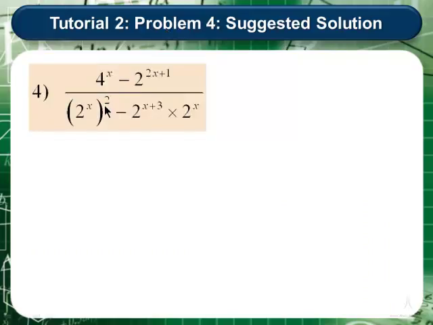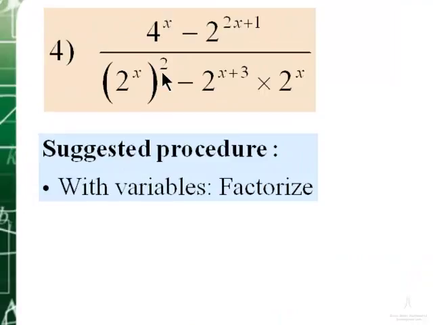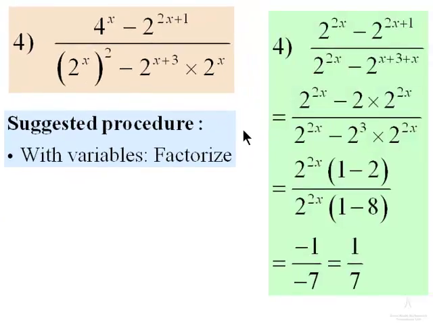A possible solution to problem 4 is discussed in this particular slide. Remember, here we have a polynomial and there are variables, so the suggested procedure is that you need to factorize.